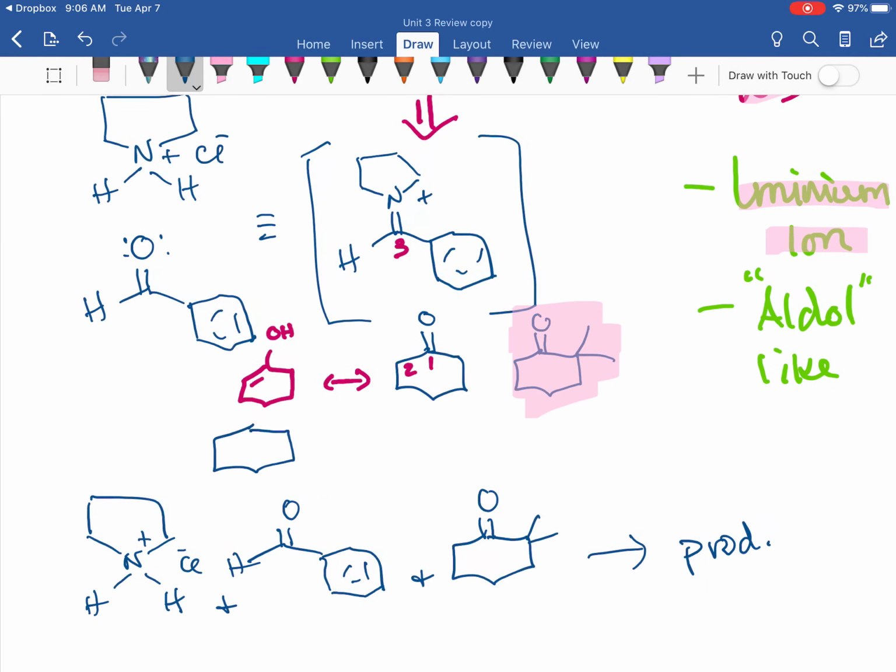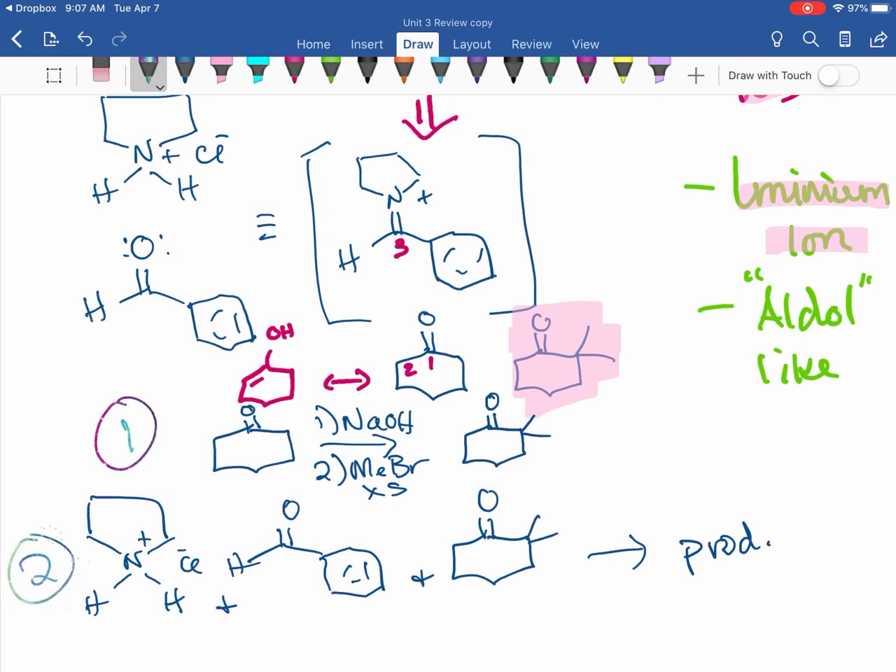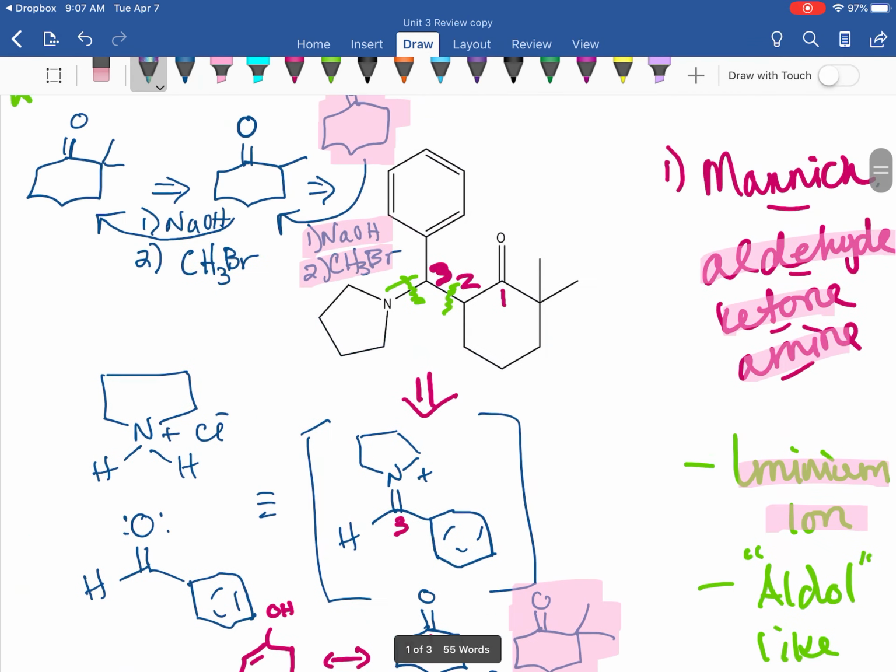We would take our cyclohexanone. We would have sodium hydroxide. We would have methyl bromide. And we would put that in excess. And we would make that. So literally, this is sparkle pen. One step, two steps, and you have your product.